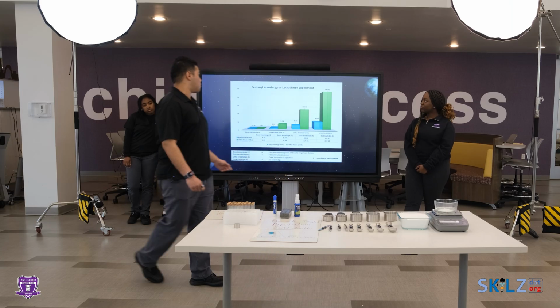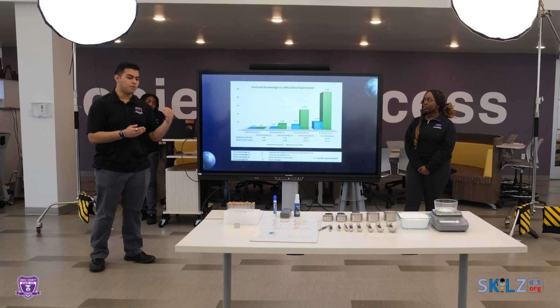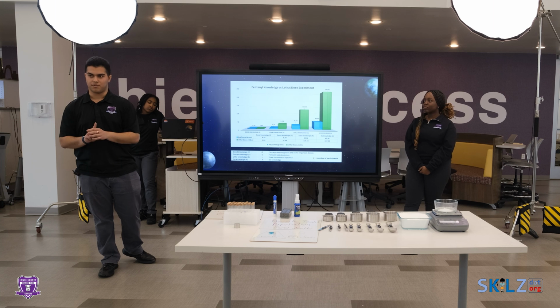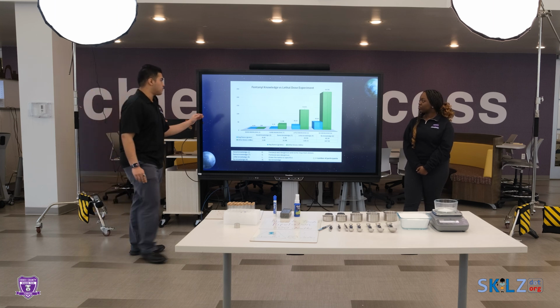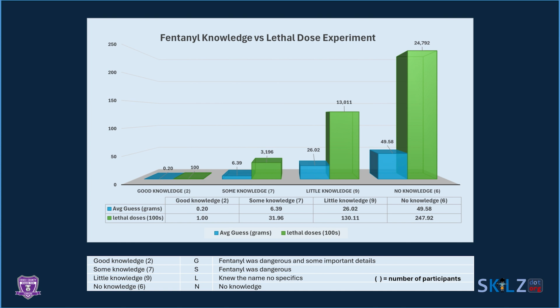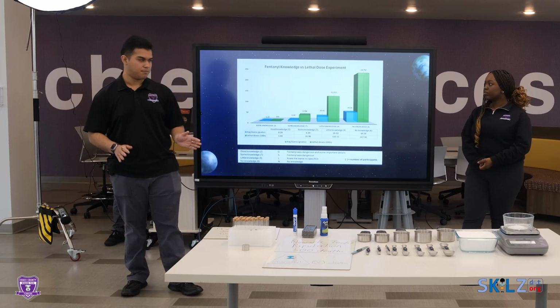And all these people here were instructed to pour as much salt and fentanyl into that bowl as would kill just one person. We divided them up based on good knowledge, some knowledge, little knowledge, and no knowledge. No knowledge is someone who doesn't really know anything about fentanyl, maybe heard the name, nothing beyond that.